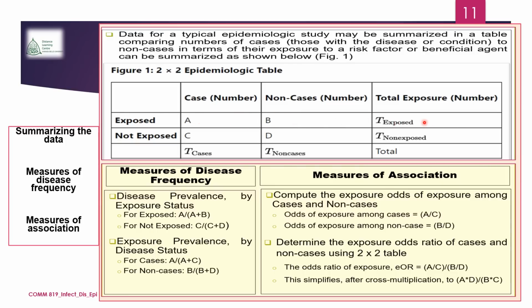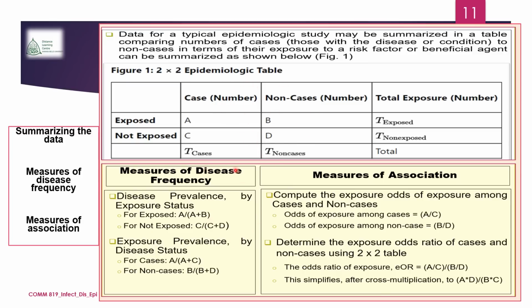That is for the total exposed and total non-exposed across the row. And then here total. So this is a 2 by 2 table. This 2 by 2, we use in the subsequent slides to see how we can do a lot of things with this table.